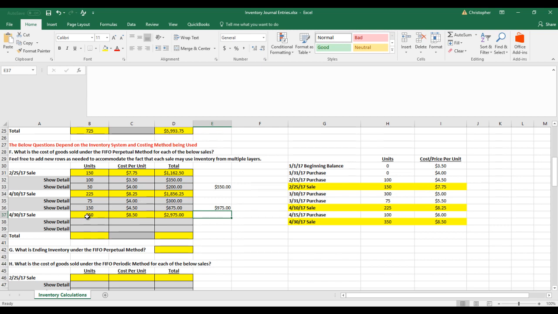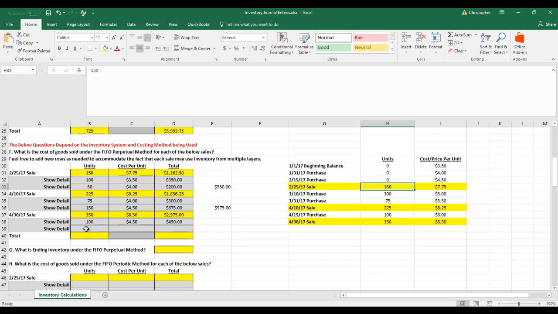So now we're down here at the 430 sale. We're selling 350 units. We're still in LIFO, so we start at the very top. Here we have 100 units left in this layer, so we'll use those 100 at $4.50 a piece. That leaves us with 0 in that layer.